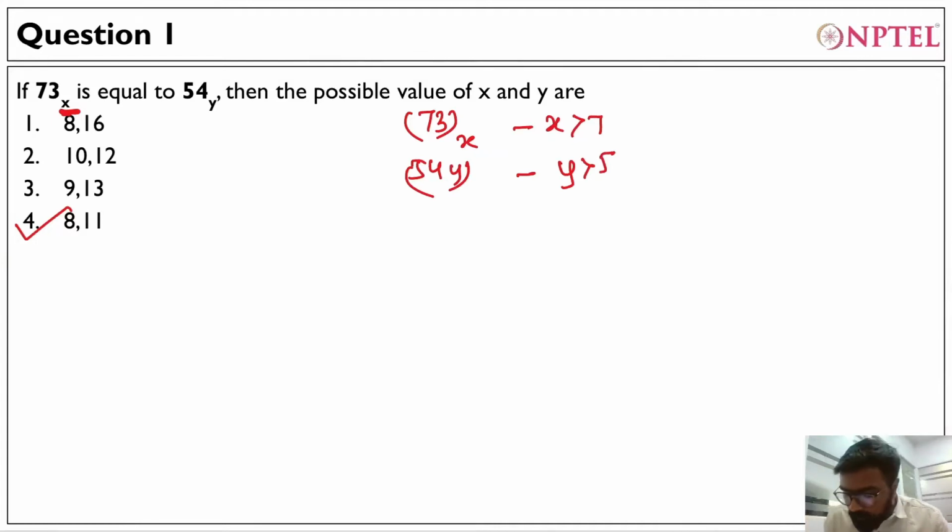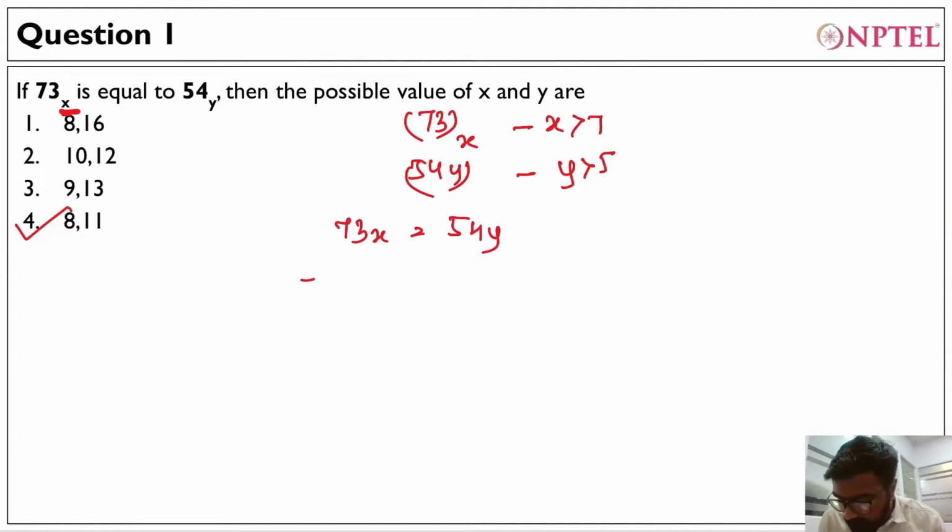So now we will solve this problem. The problem is 73 in base x is equal to 54 in base y. The easiest way to solve this problem is to convert each of these numbers into decimal representation. And how do you convert any number into decimal representation?